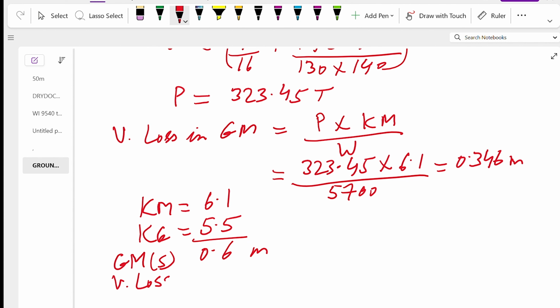We calculated 0.346. So we subtract this virtual loss 0.346, and we will get the virtual GM at that point after the tide has fallen by 80 centimeters, 0.254.